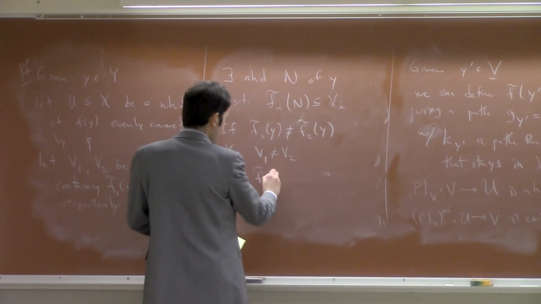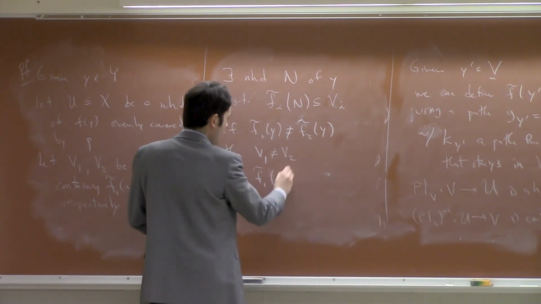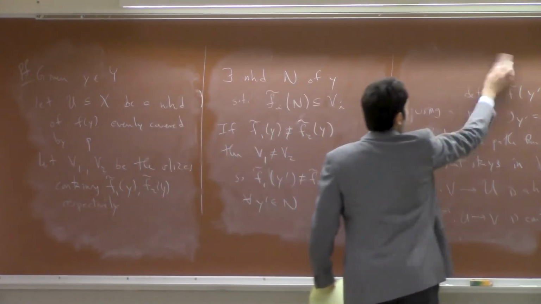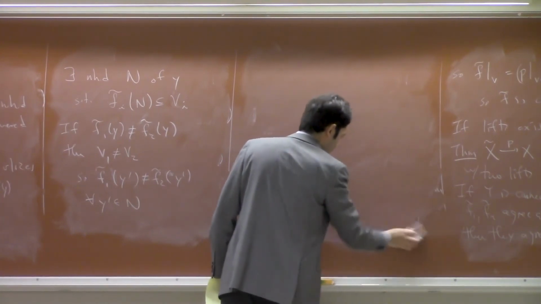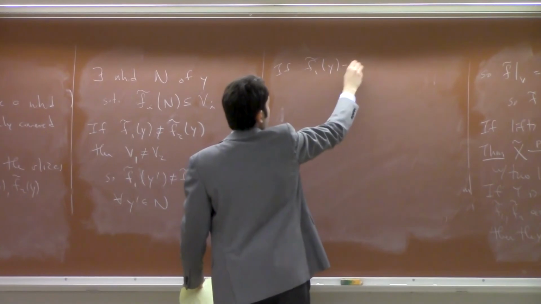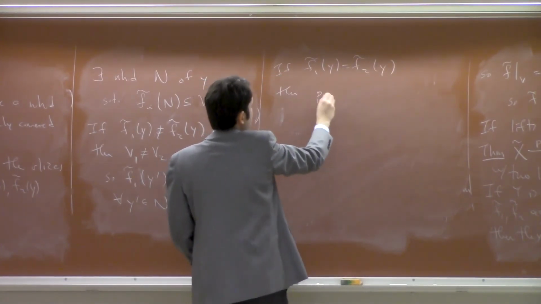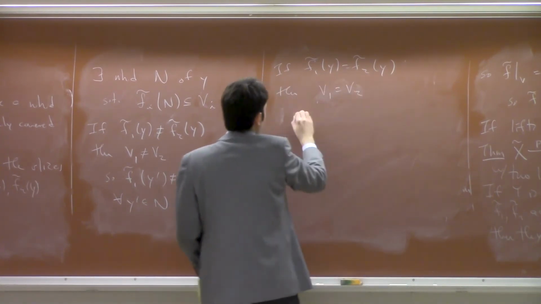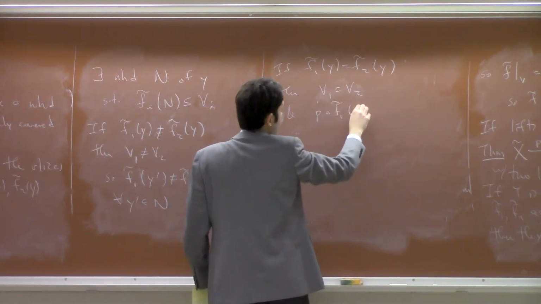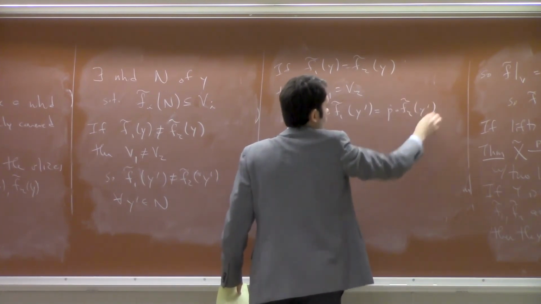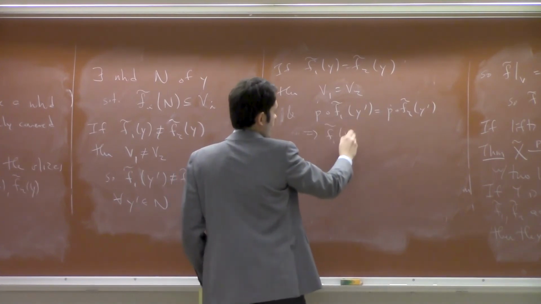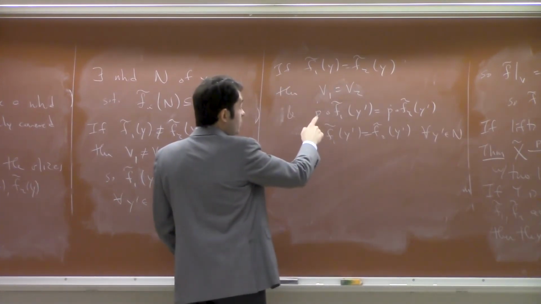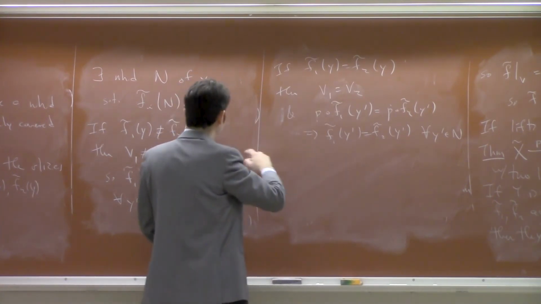So F1 tilde of y prime is not equal to F2 tilde of y prime for all y prime in N. On the other hand, if F1 tilde of y is equal to F2 tilde of y, then V1 is equal to V2, and P composed with F1 tilde y prime equals P composed with F2 tilde y prime, which implies F1 tilde of y prime equals F2 tilde of y prime for all y prime in N, because P is a homeomorphism from V1 to U. Right?